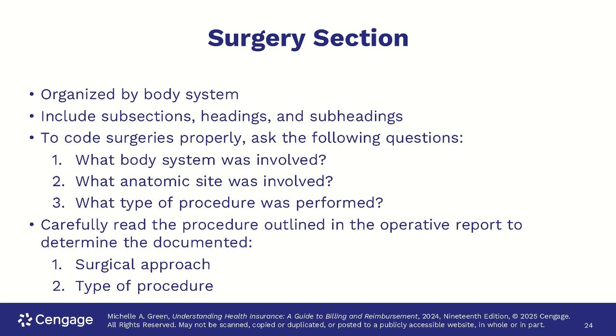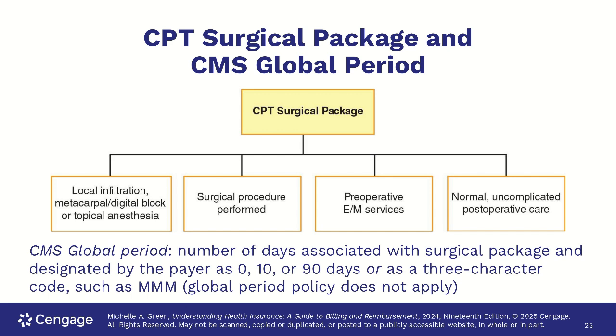Was it an open procedure, or was it a procedure that is using some type of endoscope? And endo means to look within. Of note, part two of this lecture is the longest of the three. All right, so I'm almost done though.